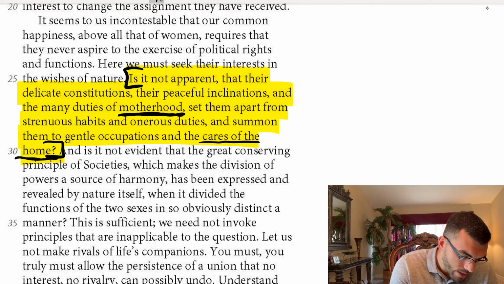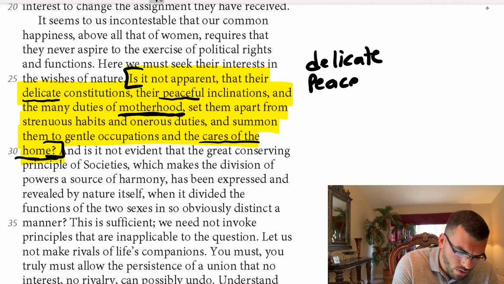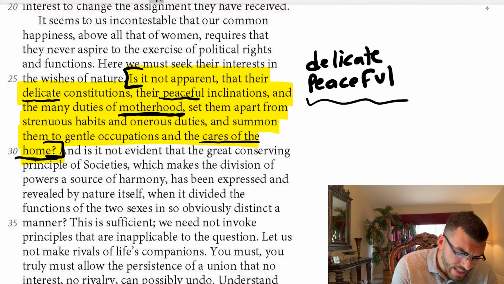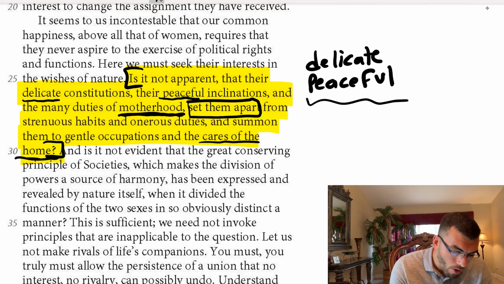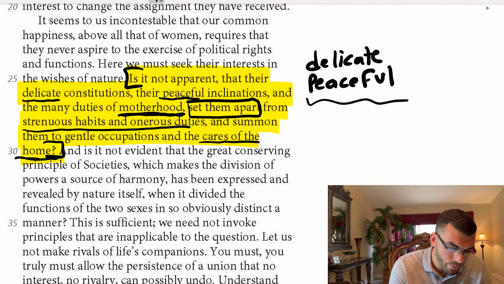So, delicate constitution, so delicate, peaceful inclinations, and many duties of motherhood. So, delicate, peaceful. Okay. Set them apart, super important right there. Set them apart from strenuous habits and onerous duties.